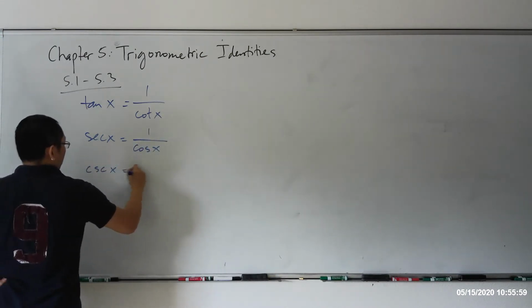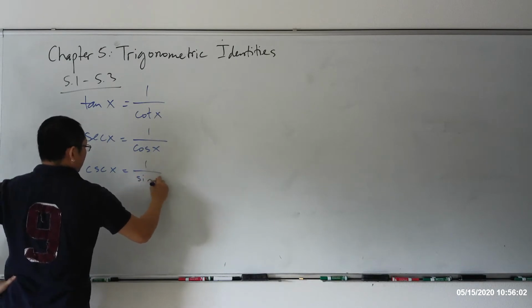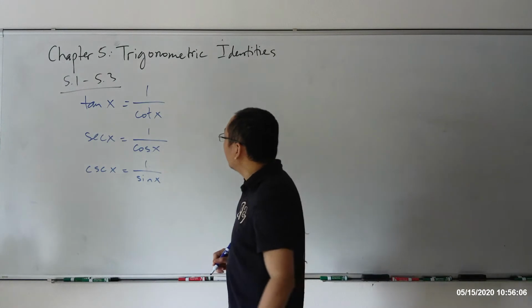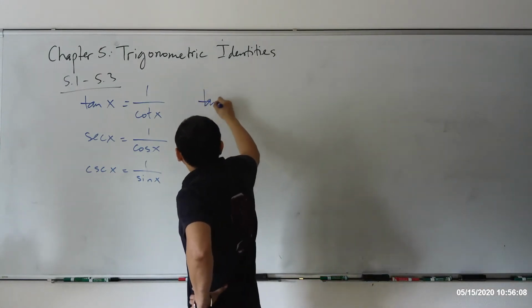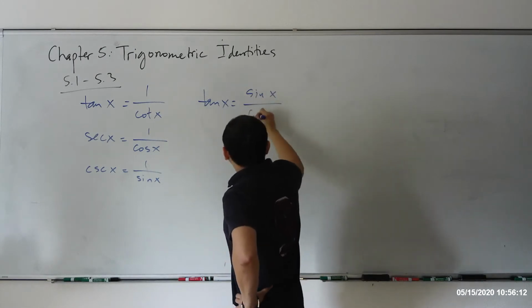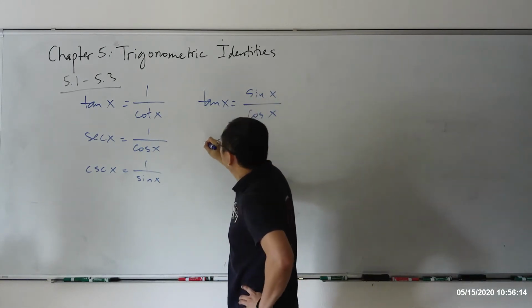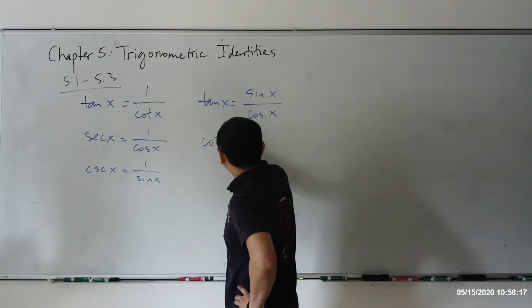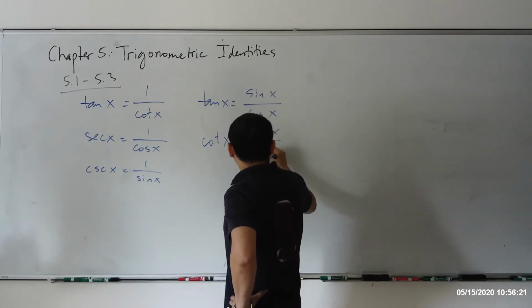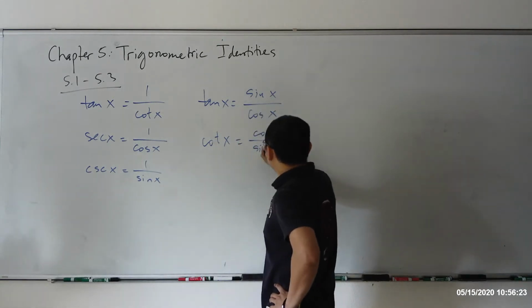Cosecant is the reciprocal of sine. And tangent is sine over cosine. Of course, cotangent is the reciprocal, so it's going to be cosine over sine.